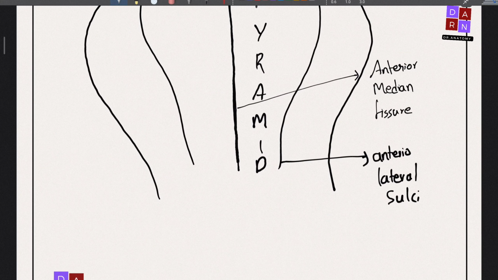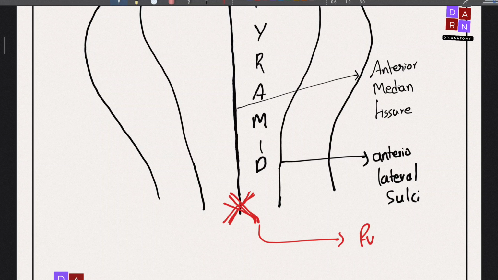As we discussed earlier in the tracts, decussation fibers are crossing in the pyramids. This is known as the pyramidal decussation. It occurs in the lower part of the medulla.